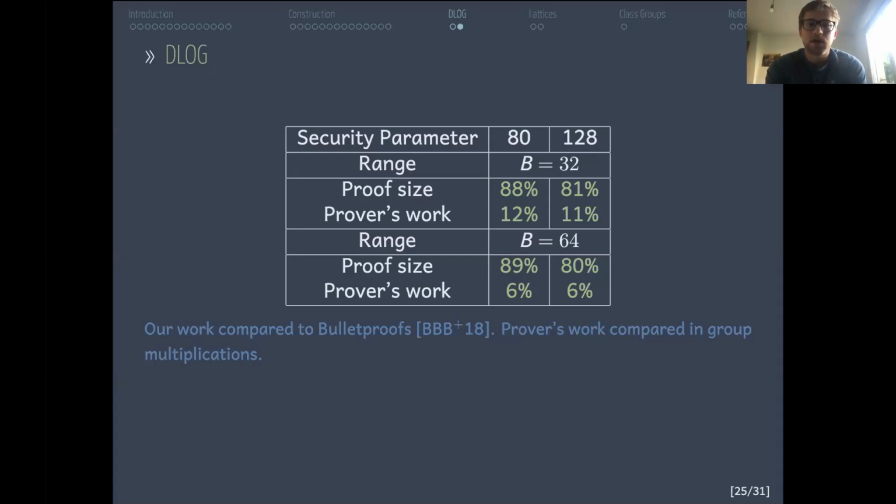So if Bulletproofs has T group multiplications, then this has 12% of T group multiplications. And the same for proof size, which is in bytes. If Bulletproofs has 700 bytes, then our proof will have, for example, about 560 bytes in some settings.